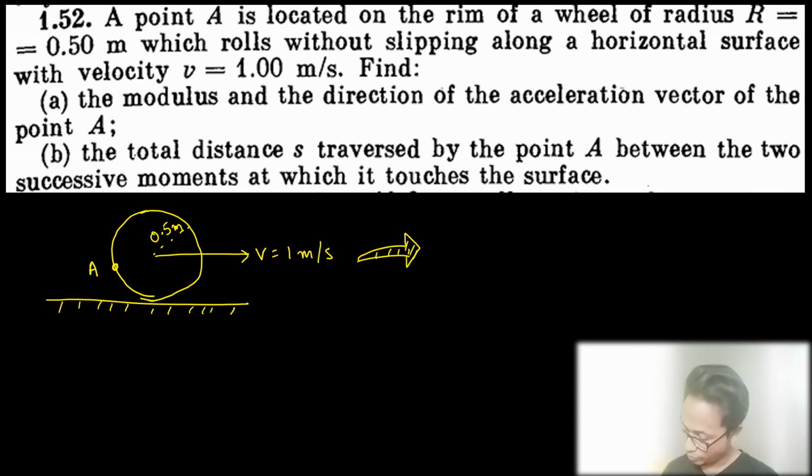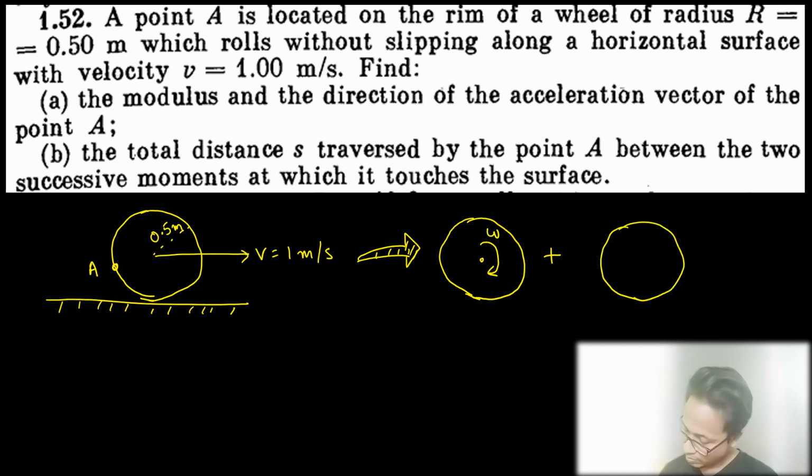Because any rolling motion, respective of pure rolling or not, is a combination of two motions: a rolling motion with omega plus a sliding motion with velocity v.